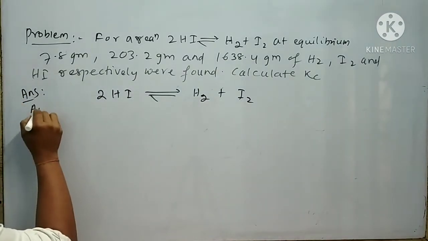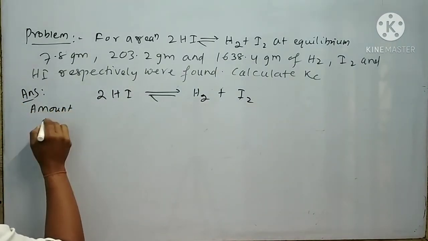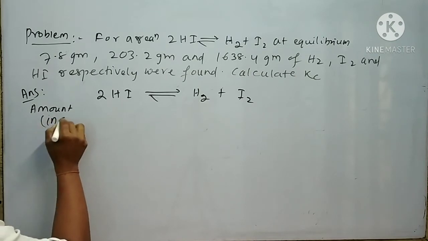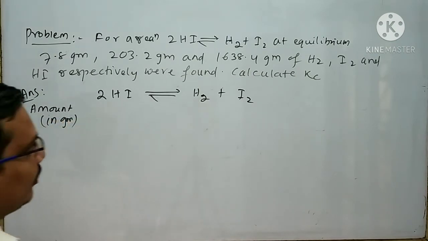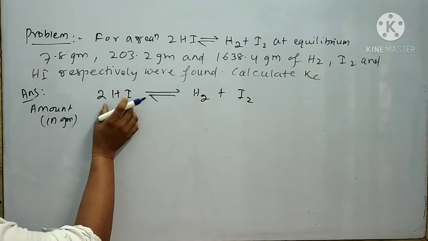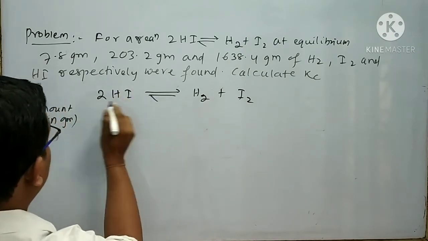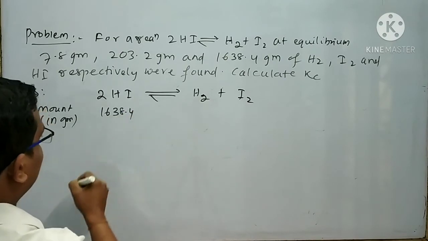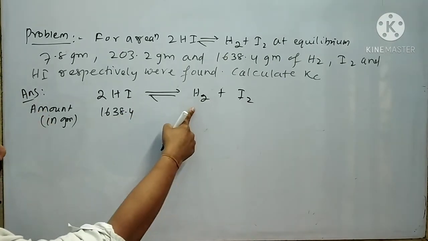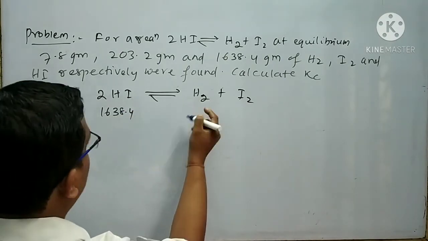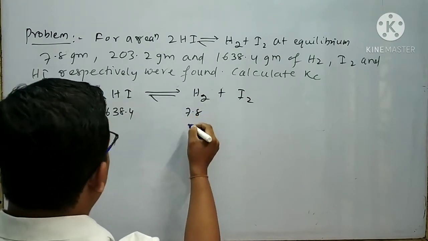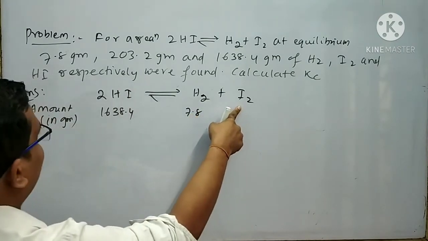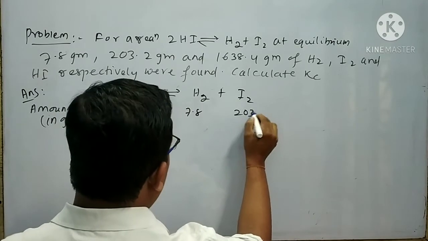The amount of HI and H2 and I2 is given. The amount of HI is 1638.4. The amount of hydrogen is 7.8. The amount of iodine is 203.2.